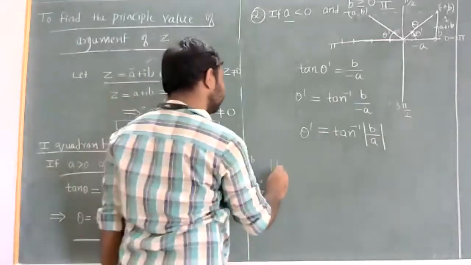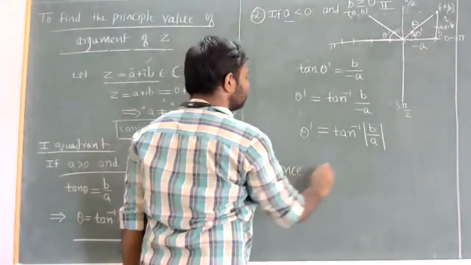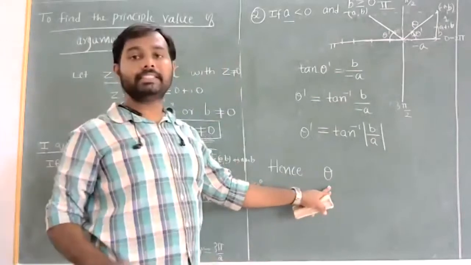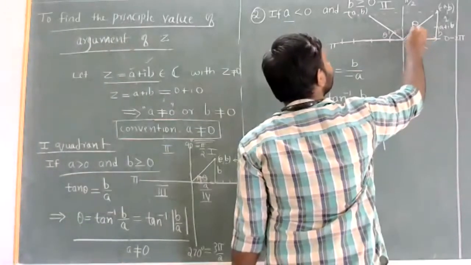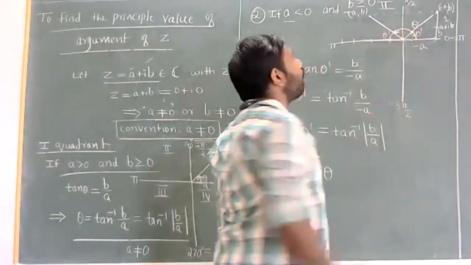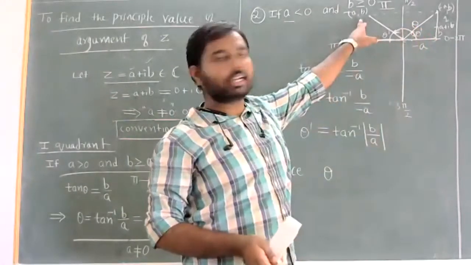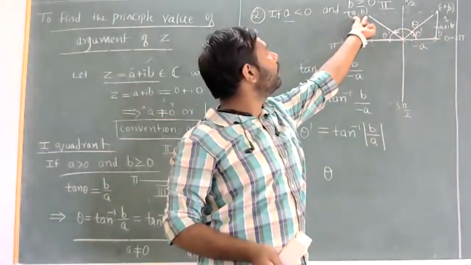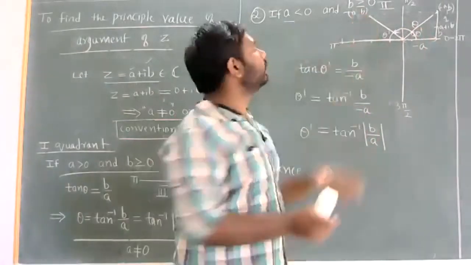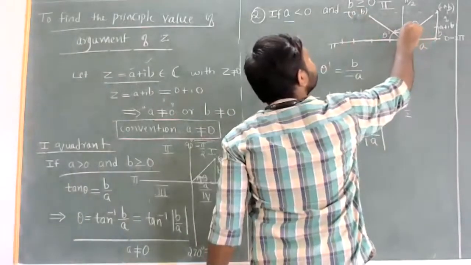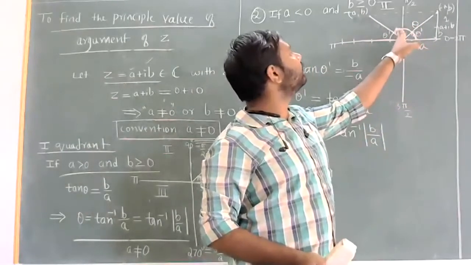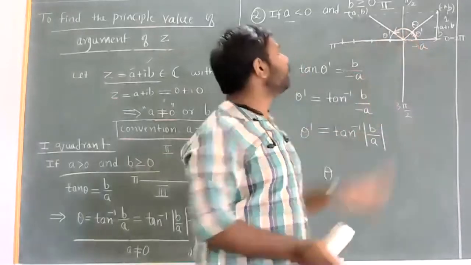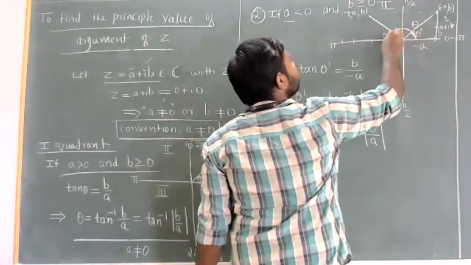So hence, the principal value of argument of Z. So what is argument in this case? This is the argument of this complex number, right? So we have to find the argument value of this complex number actually. And what is the argument? This angle. As it is difficult to measure this angle directly, what we'll do is measure the total angle.